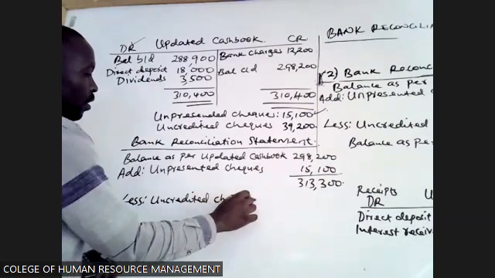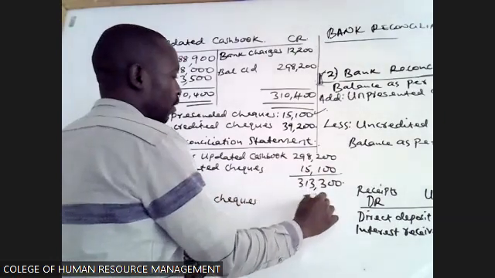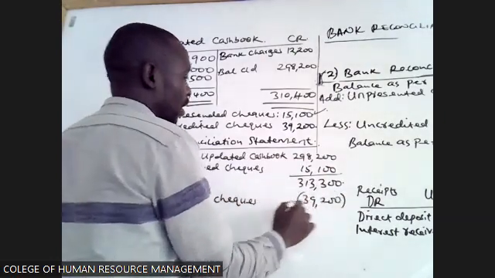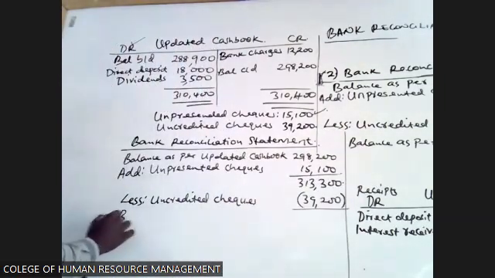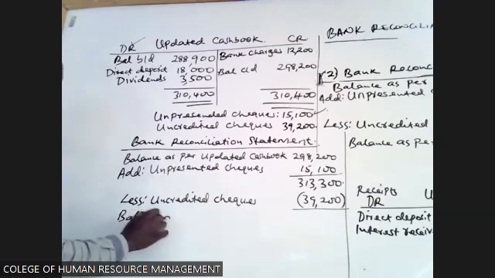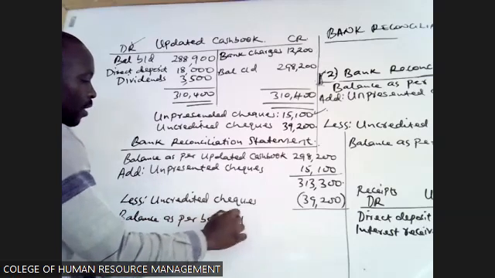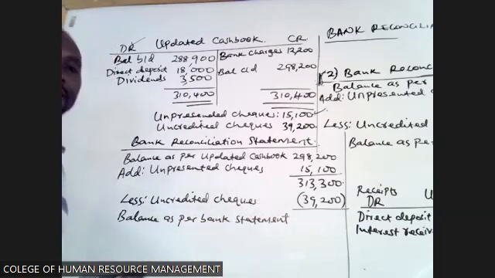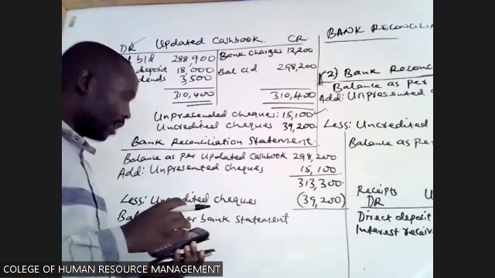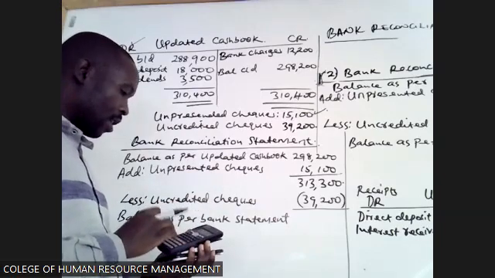Uncredited checks. The one for Ejebet, 39,200. If you less that, you will get a figure which will be the balance as per bank statement. 313,300 minus 39,200.